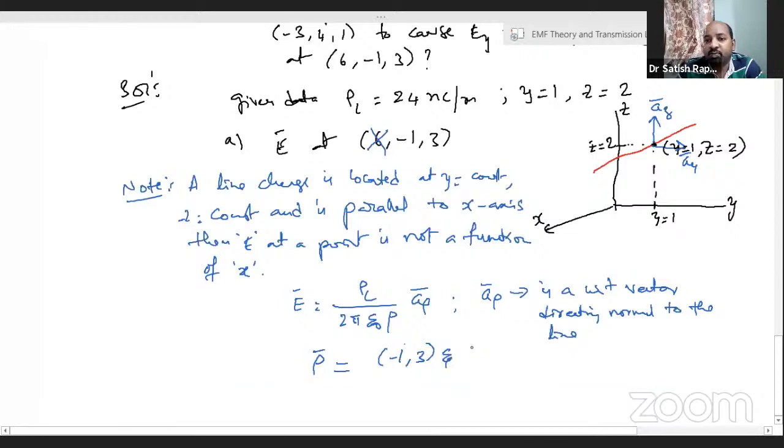What is the location of the point? 1 and 2 is the location of the point. So therefore, rho bar can be written like this.